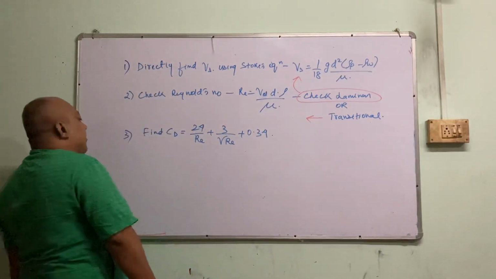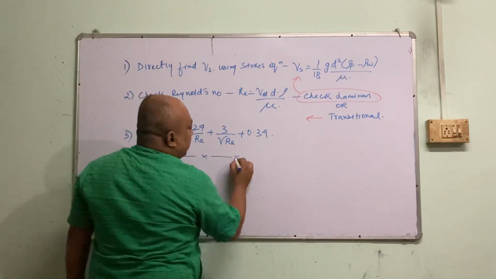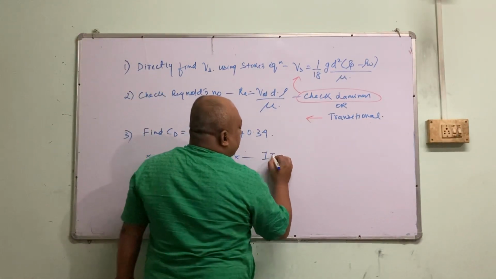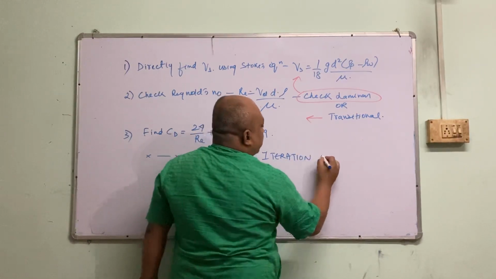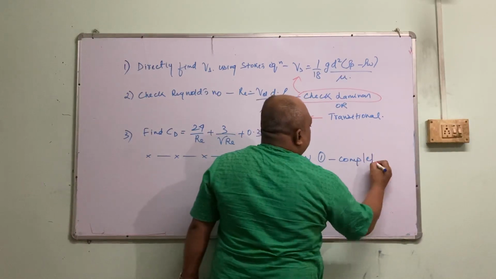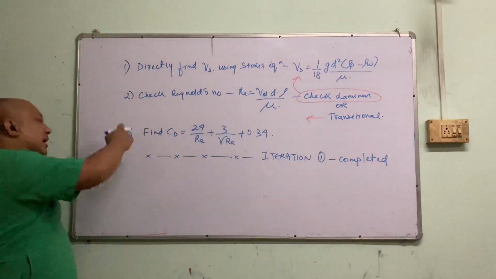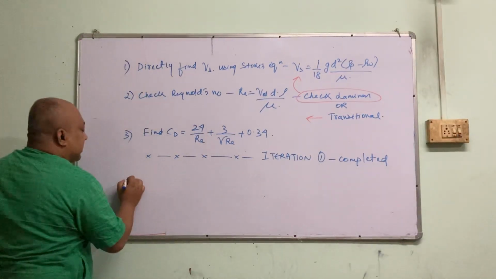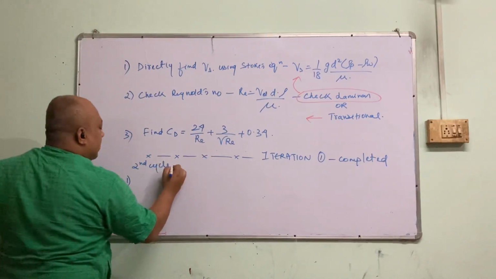Okay, now here one iteration is completed. Iteration 1 is complete. So you have to repeat the cycles again and again. So the next cycle is again 1, the second cycle.